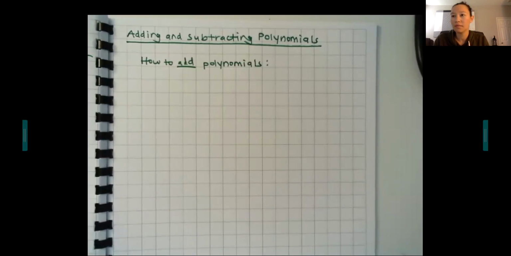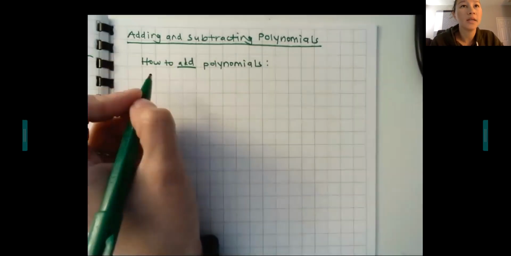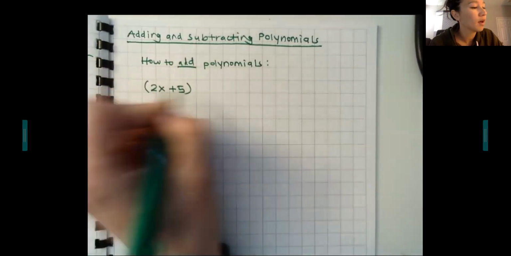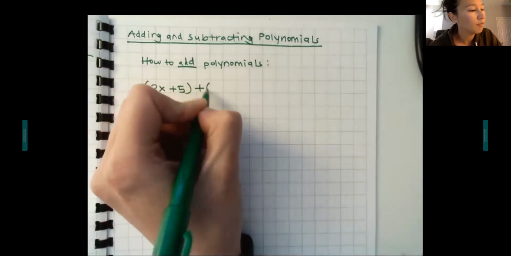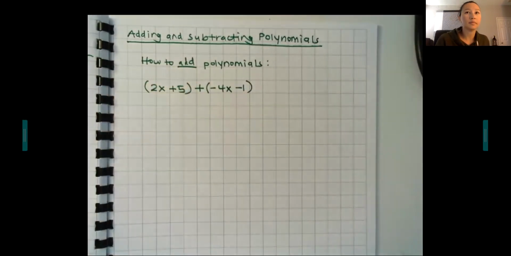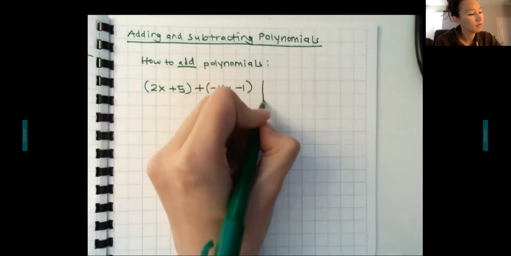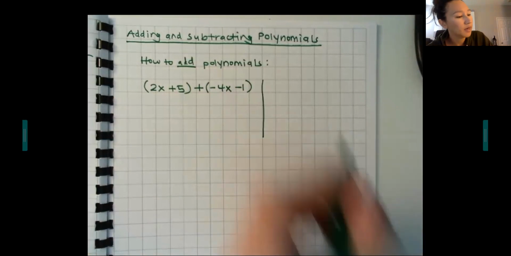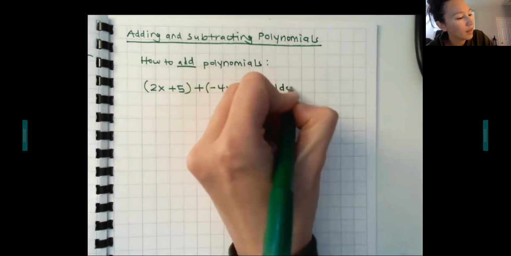Okay, so say we have 2x plus 5 plus negative 4x minus 1. So the first thing we want to do is identify like terms.